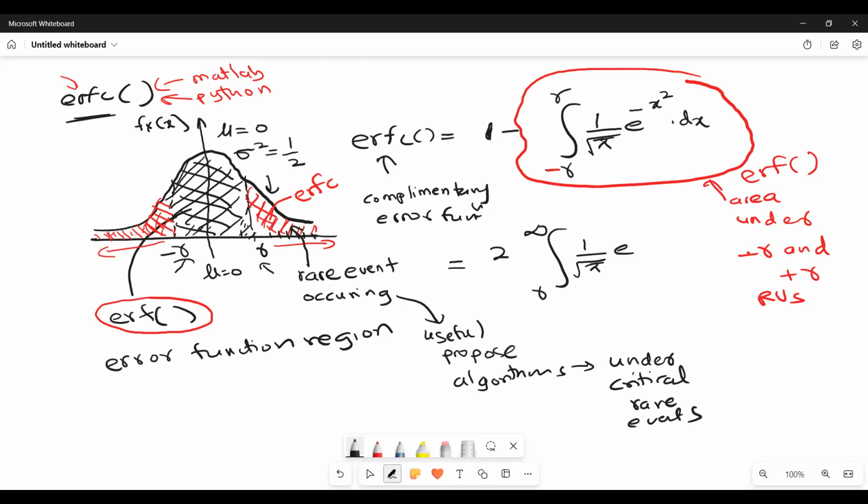So we need to find out the probability of this critical rare event occurring. And in that situation, we can find the probability of this tail. If we can tell that the tail probability is really low, then I can say the probability of this rare event happening is really low, and I don't have to really address that problem. But if the rare event happening is considerable, above a certain threshold that is defined in the world, then I need to consider the probability of that happening as well, right?